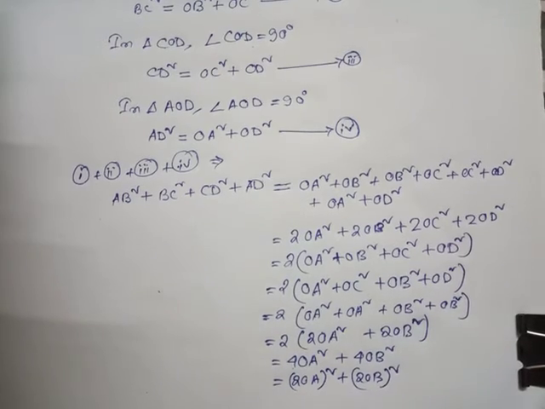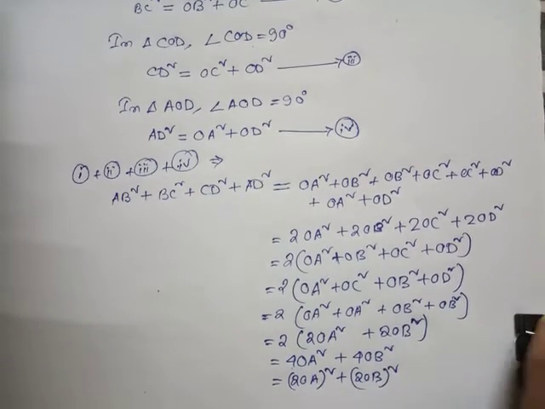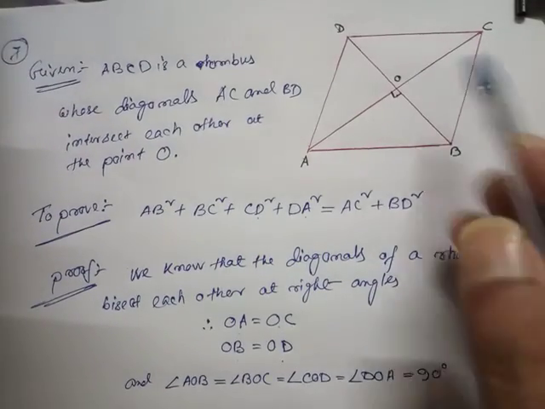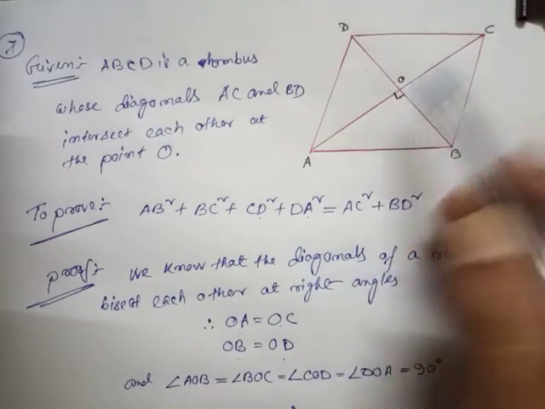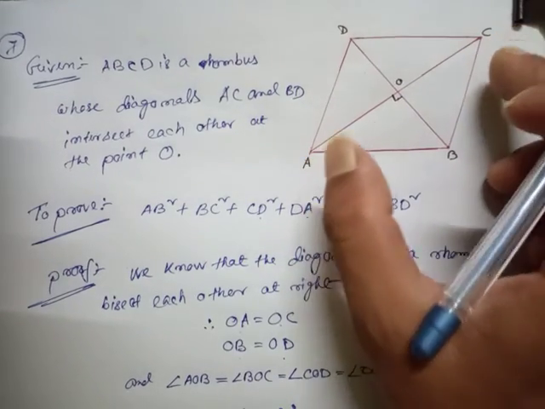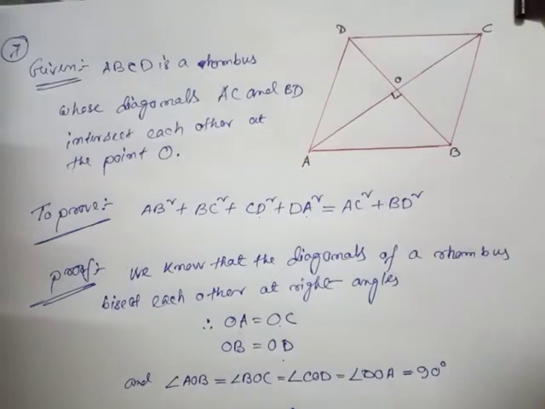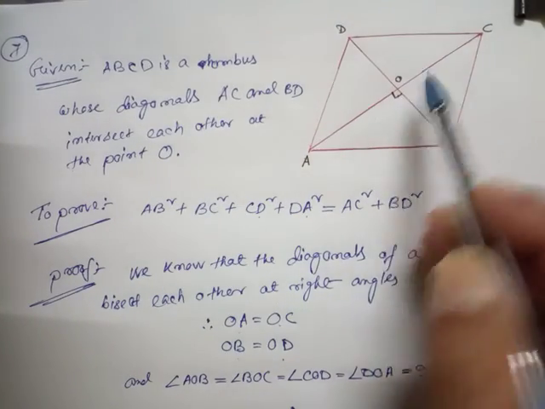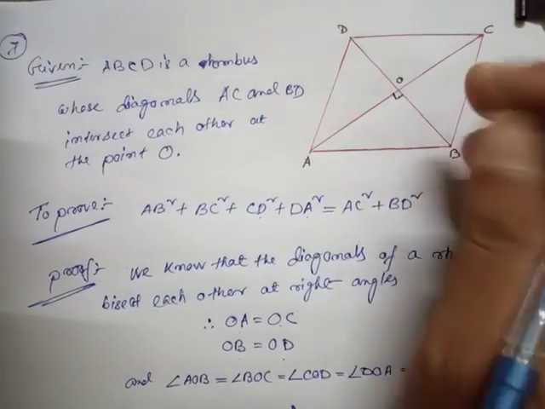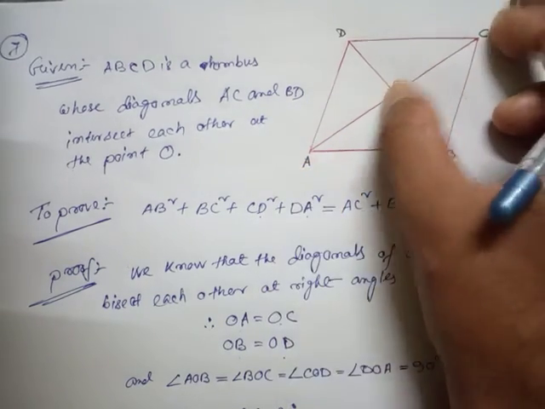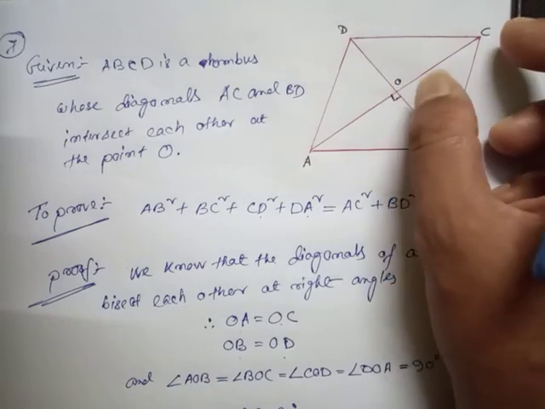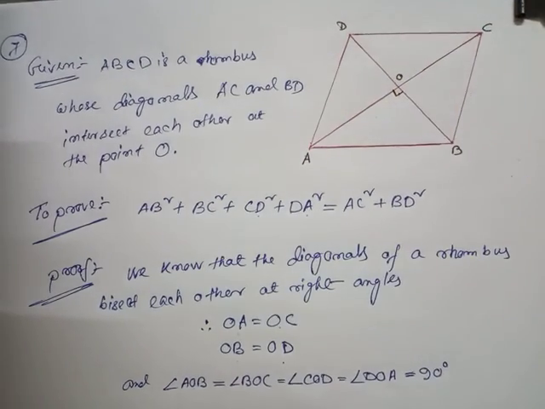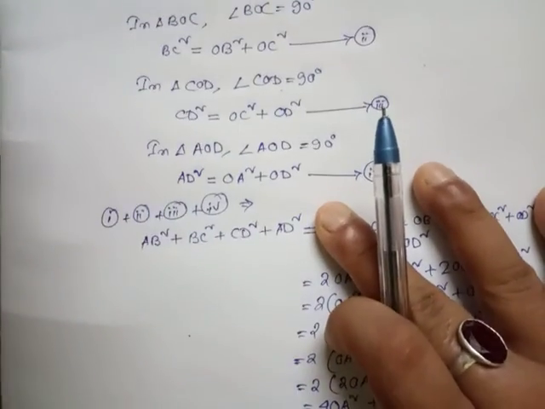Now look students, into the diagram once, 2 OA, OA equal to OC, which means 2 OA square means AC square, OA plus OC equal to AC, but here OA equal to OC, which means AC.